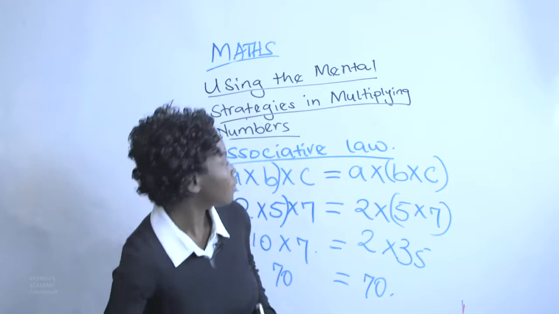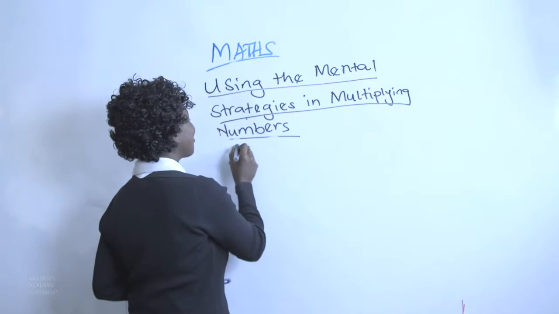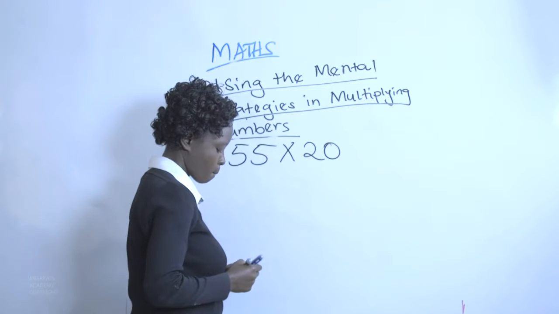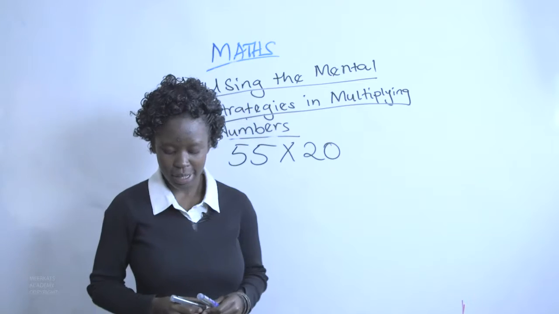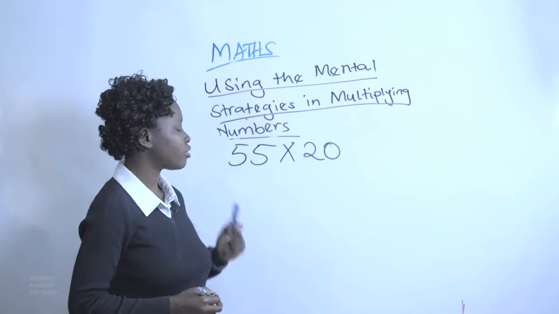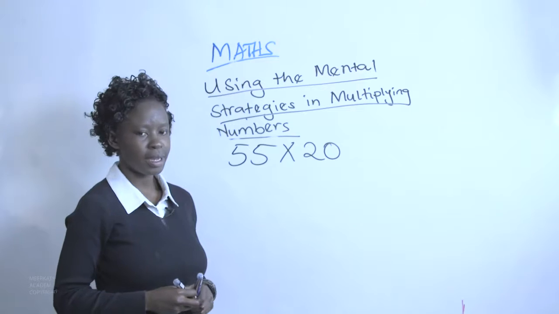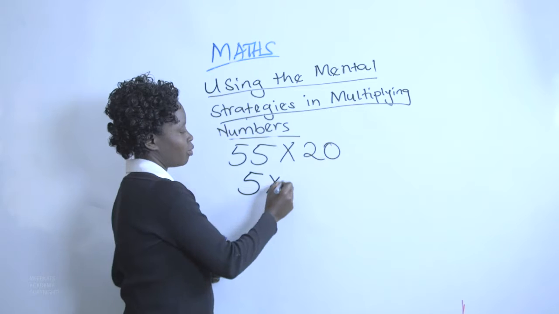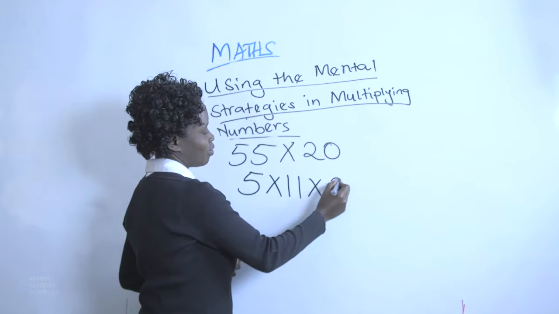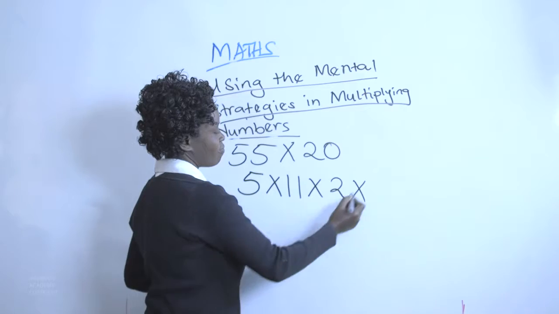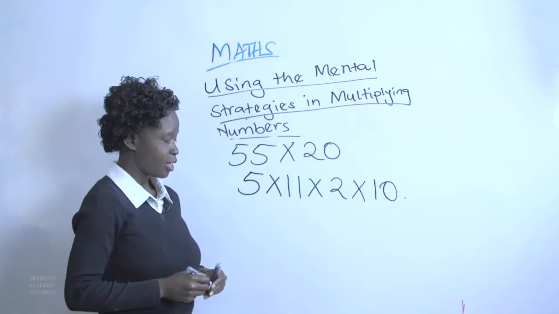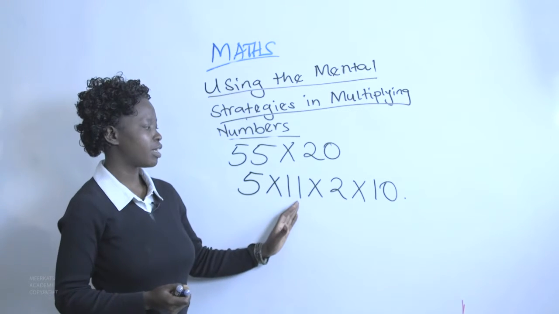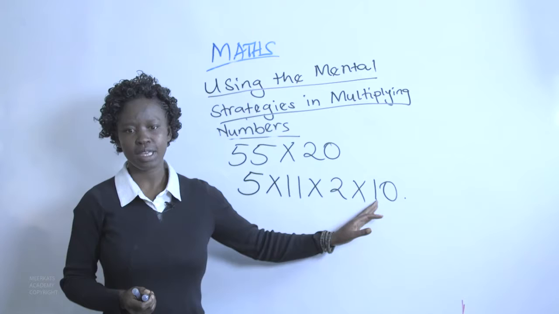For instance, if I'm having a number like 55 times 20, I can split the number. 55 times 20 is simply the same as 5 times 11 times 2 times 10.